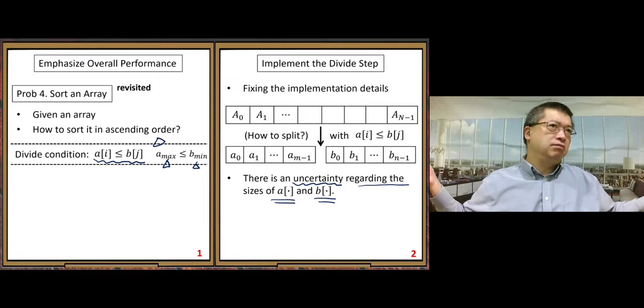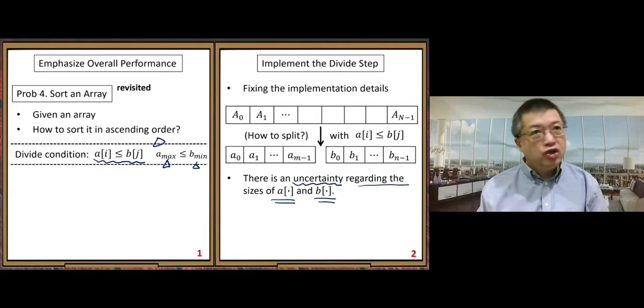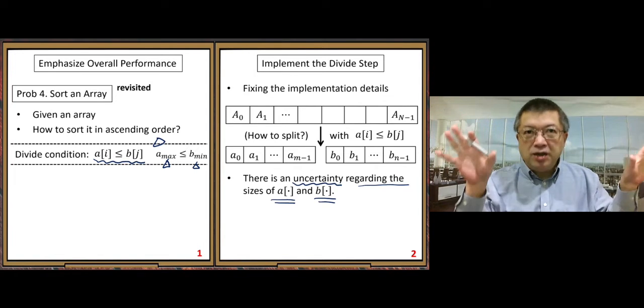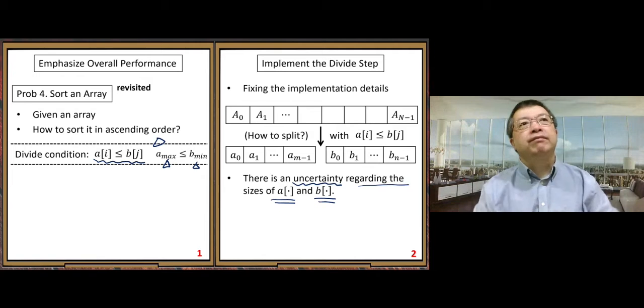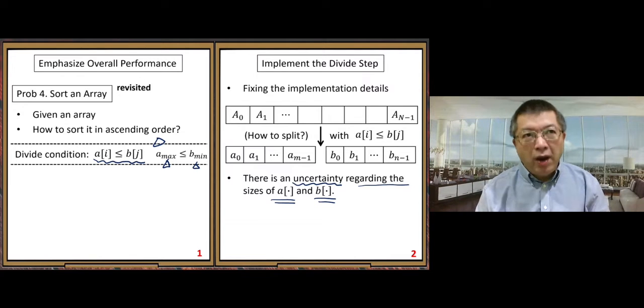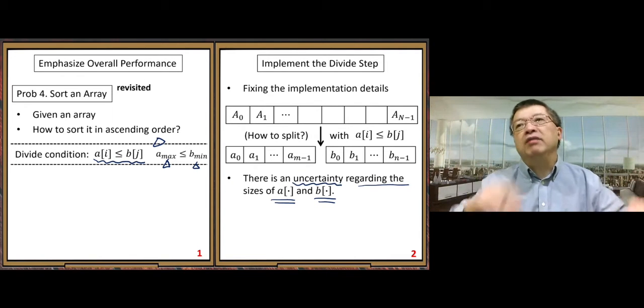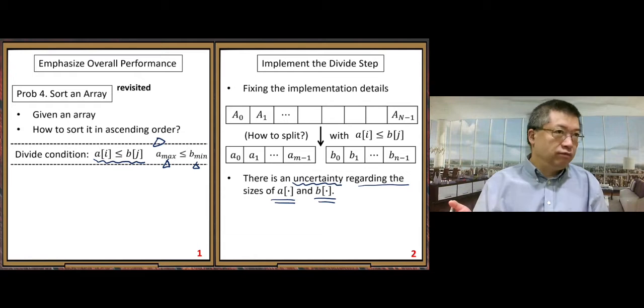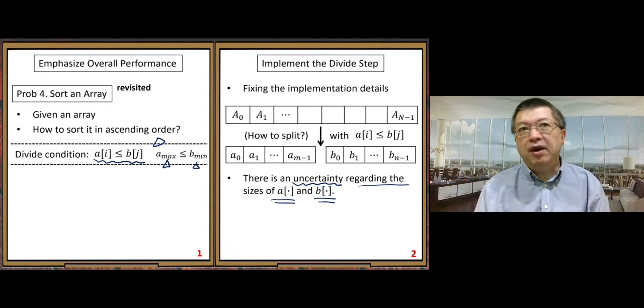For merge sort, when we do the splitting, we pretty much know the size of each subarray, approximately 1/2 of the whole array. But for our new idea, we have no idea. Anything could happen.